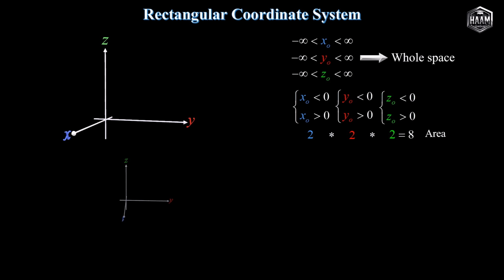Now, if we consider the same four sign combinations with z negative, 4 additional regions result.